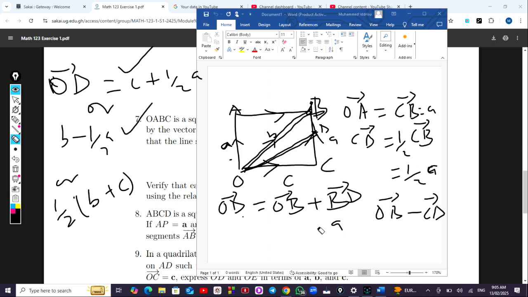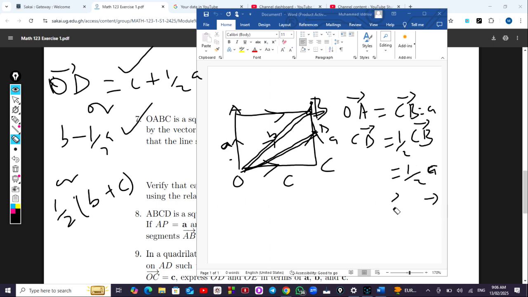So let's move to the final one. We are now going to show that OD is equal to half bracket b plus c, that means half b plus half c.